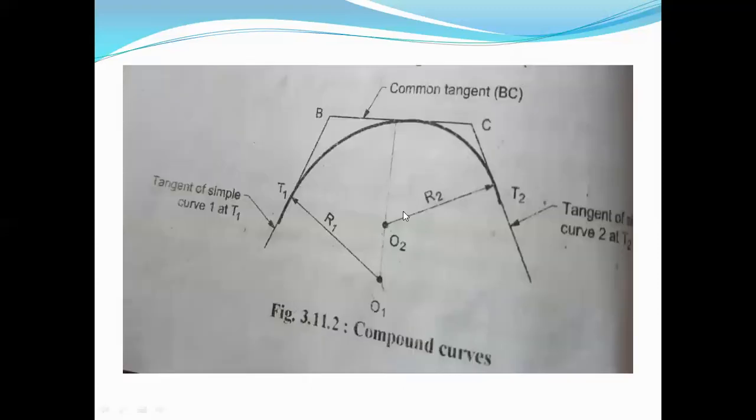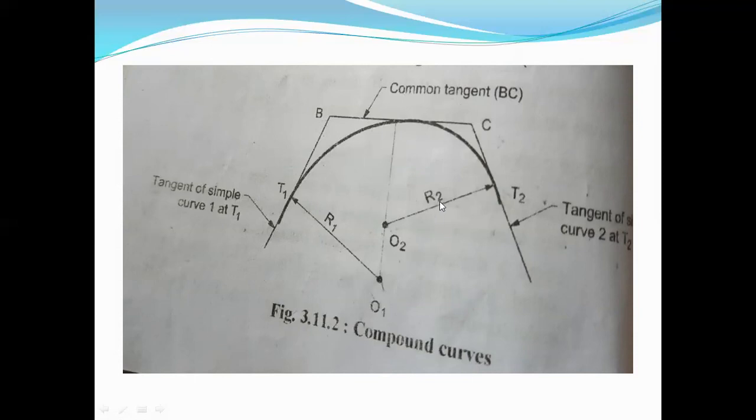This is the diagram of a compound curve. See, in this compound curve, there are two simple curves. At points B and C there is a common tangent. This is one arc or one simple curve, and this is the second arc, and the curve which consists of these two simple curves is the compound curve.